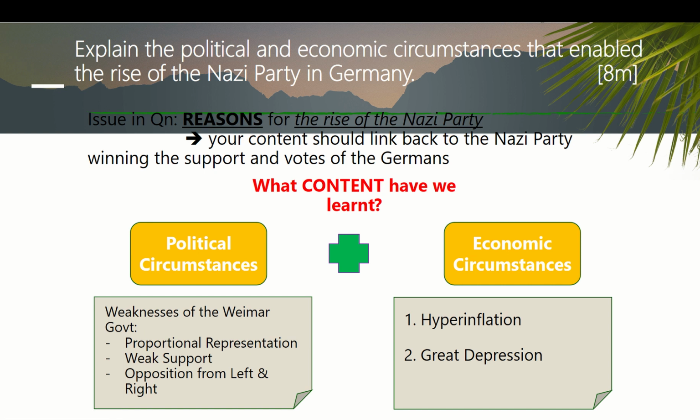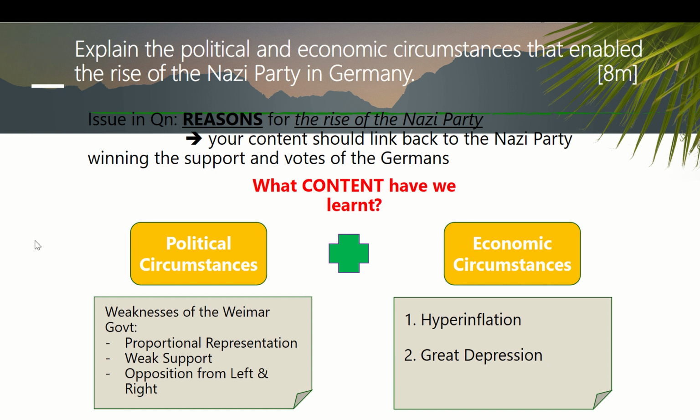What is it about proportional representation that led to the Weimar government being weak? And the Weimar government being weak, how did that eventually result in the Nazi Party winning the support and votes of the Germans? To be able to PEEL, you must be able to do that.